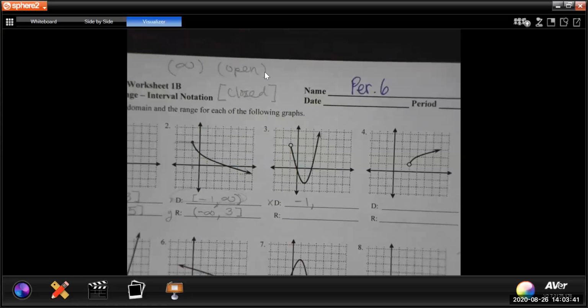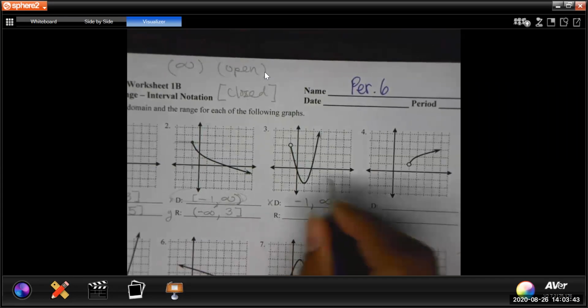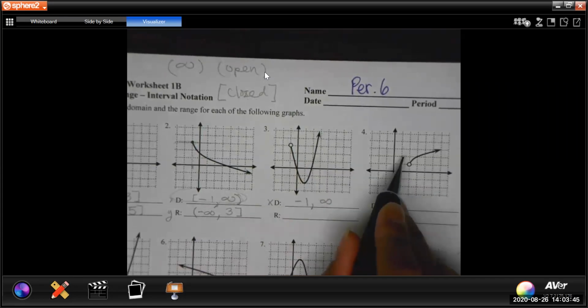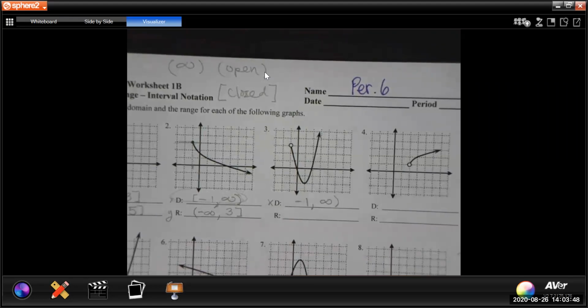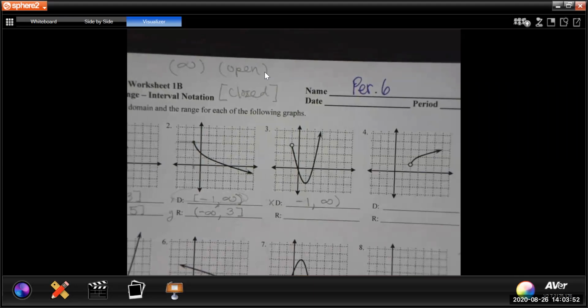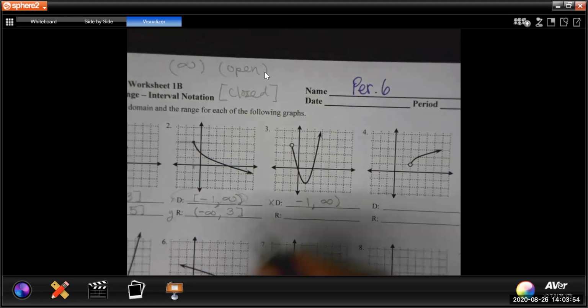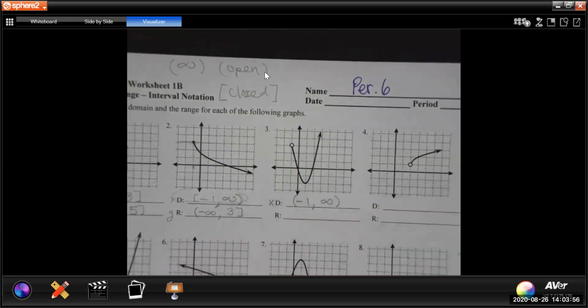Right forever. So it's positive infinity, not because it's going up, but because it's going to the right. What do I put on the -1? Parentheses or bracket if it's an open circle? Parentheses.